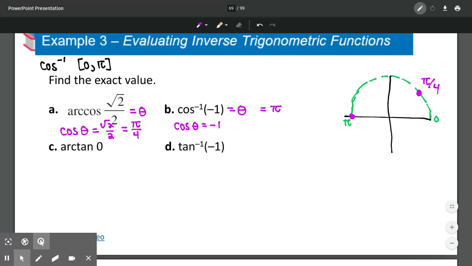When we have our inverse tangent, again, we're talking about the tangent of theta equals 0, or for part D, the tangent of theta equals negative 1. And remember, tangent is sine over cosine. So in order for tangent to be 0, really your sine has to be 0.